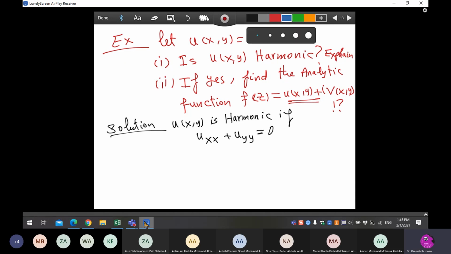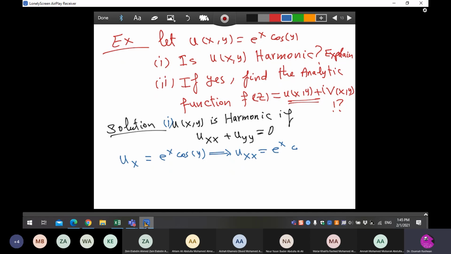Now let's do it and check. First, I have to find the first derivative. What is u_x? It is e to the x cosine y. What is u_xx? It is also e to the x cosine y, because I'm differentiating with respect to x, so everything with y I take outside the derivative.